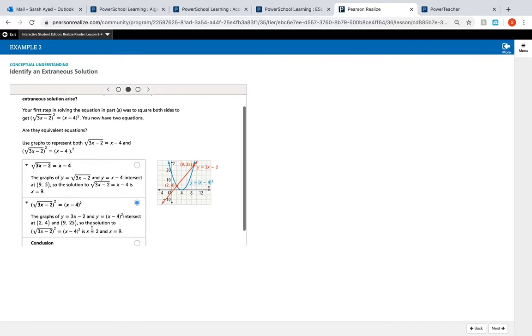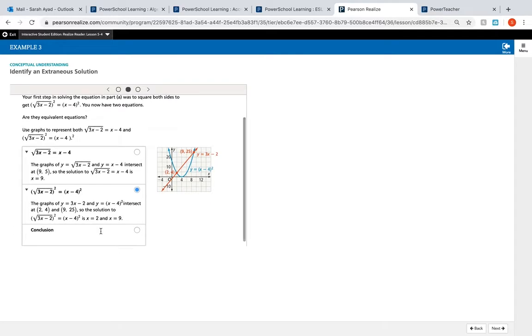If I were to look at these two functions after I squared both sides, notice I see 2 points of intersection, which is why the extraneous solution arises, okay? However, we know that looking at the original two graphs, there's only 1 point of intersection. Okay, pause this video, go ahead and do example 3, try it.